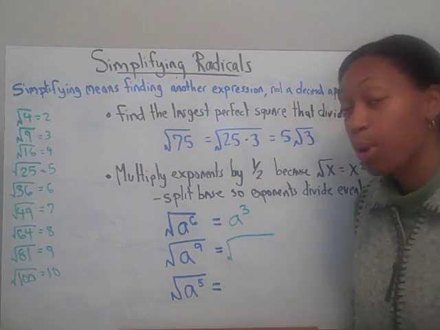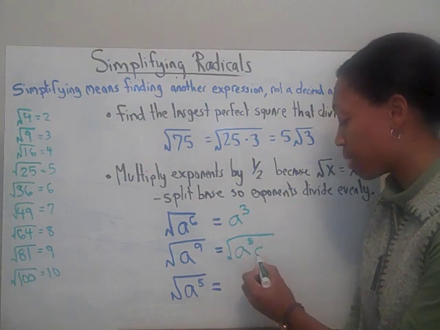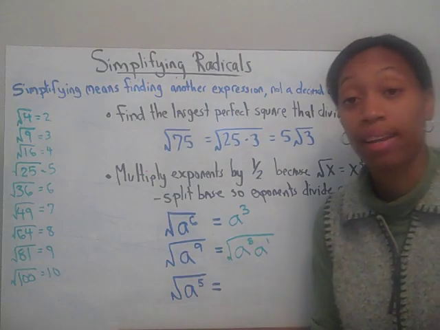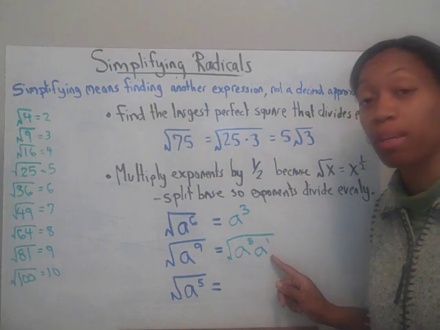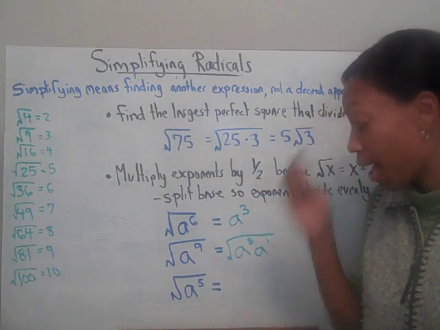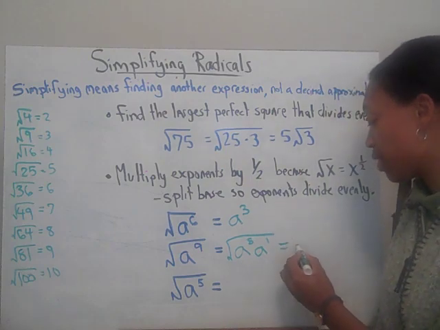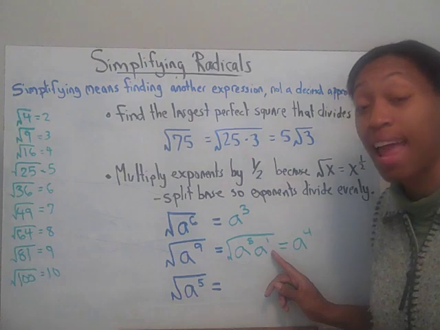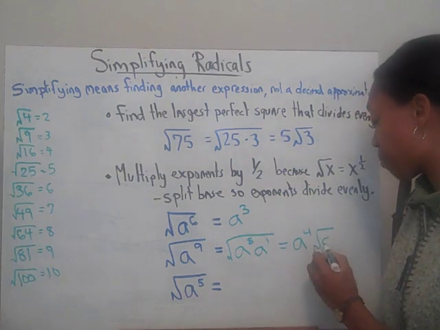So, we're going to split the 9 to be a to the 8 times a to the 1, because 1 plus 8 is 9. Now I have a nice even number and then the leftover piece. So, 8 times 1/2 is 4, so this equals a to the 4. And then the square root of just a is uneven, so I'm just going to leave that as square root of a.